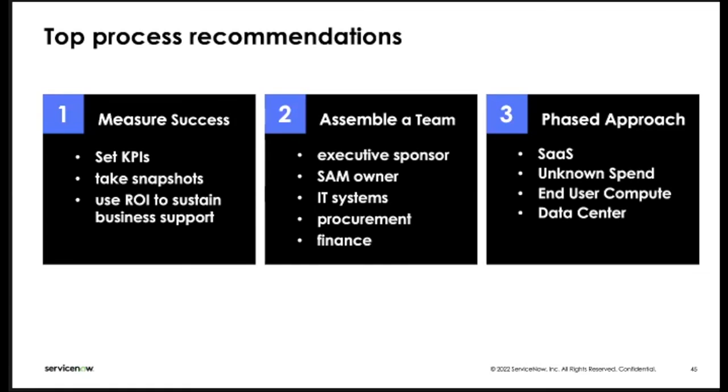Last, a phased approach. With the phased approach, you need criteria to decide what software to focus on and what you should consider: cost savings potential, possibly risk reduction potential, even data availability, and ease of implementation. These are just some top process recommendations we can give you from a SAM perspective.